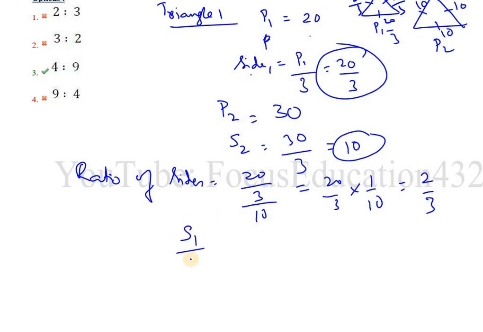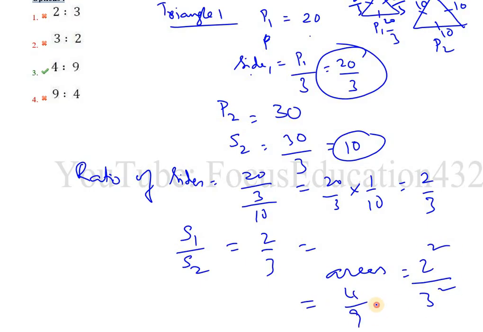The ratio of the sides, that is the side of the first triangle to the side of the second triangle, is 2 by 3. For areas, you have to take the ratio of side square by side square. How much is it? 4 by 9. So it is 4:9. The answer is like this.